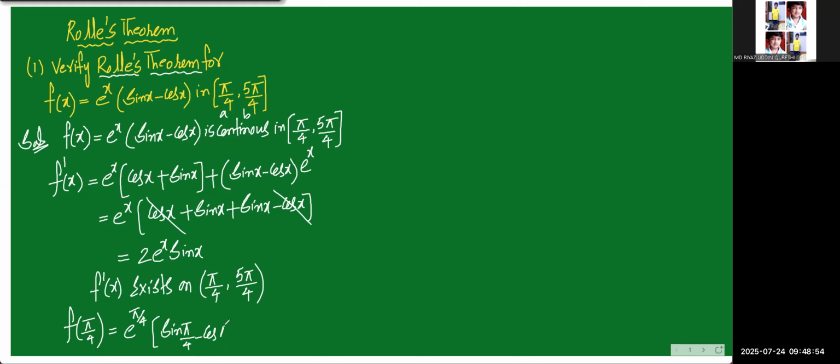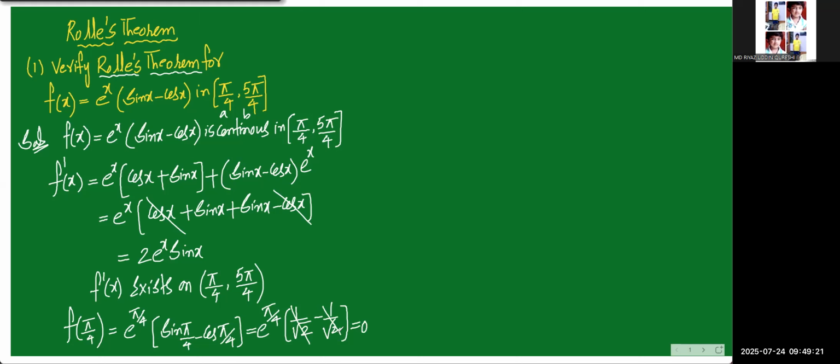But we know that e power pi by 4 we can't solve, that must be as it is. And sin pi by 4 value is 1 by root 2. If you see the calculator, we will get root 2 by 2, that is 1 by root 2 only. And cos 45 degrees is also 1 by root 2. These two are cancelled, the answer is 0, and 0 into anything is 0. F of a value is 0.